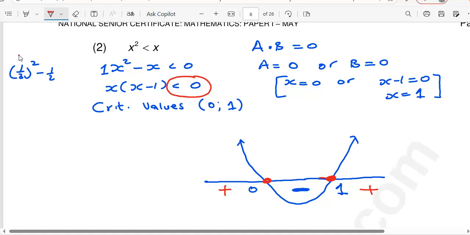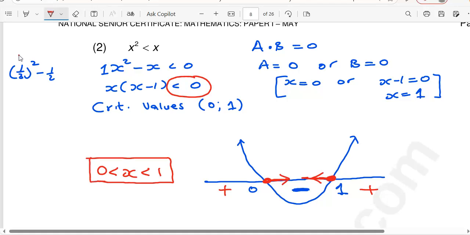It's negative from this point going in that direction. So I'm going to say x must be less than 1, you take that arrow and write it here. And it's also negative from this point going in that direction, so x must also be greater than 0. This is your final solution for this problem.